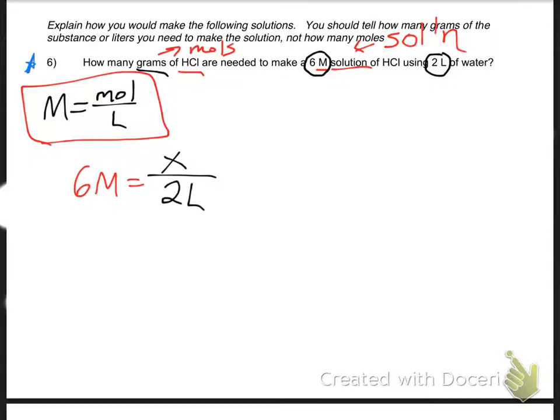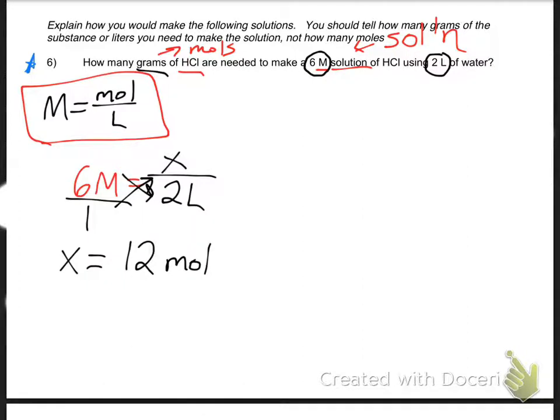So now I just need to solve for X. Again, if you like crisscross method over anything, just put molarity over 1, and there you go. So crisscross, so X equals 6 times 2 is 12. And that's molarity times liters if I want to show my units. So really that's 12. Remember, X is moles, so 12 moles.